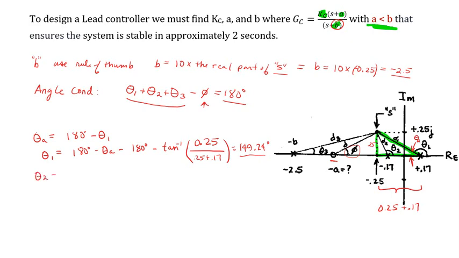So we'll move on. Theta 2, very similar situation. It's going to be 180 degrees minus theta B maybe. But we'll skip that step and look at the other triangle.